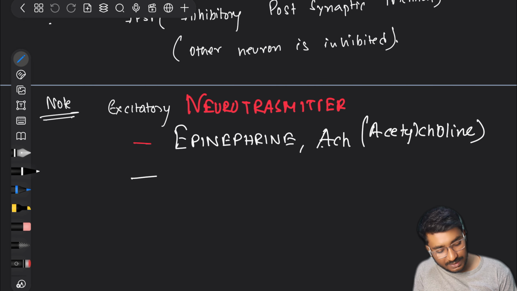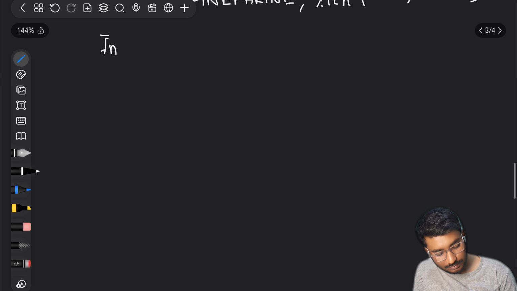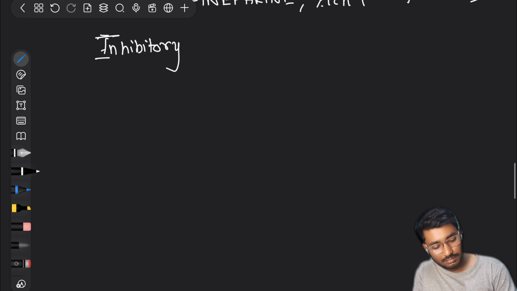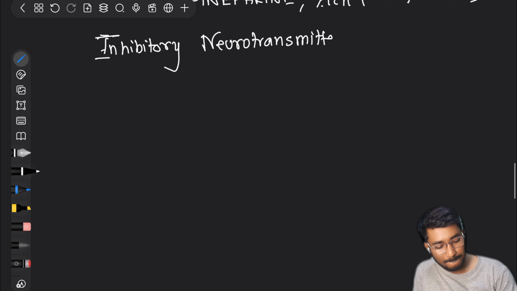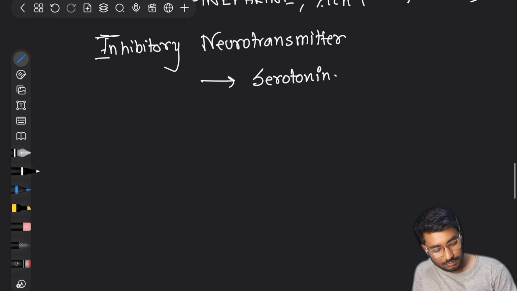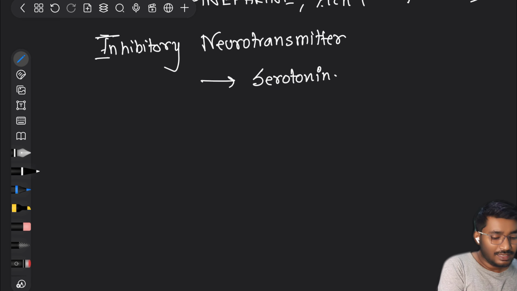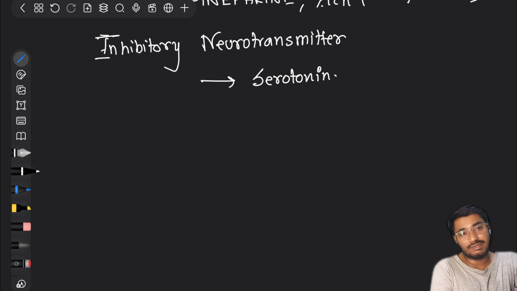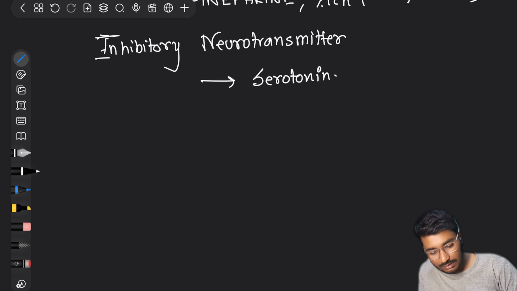Example of the inhibitory neurotransmitter is serotonin.